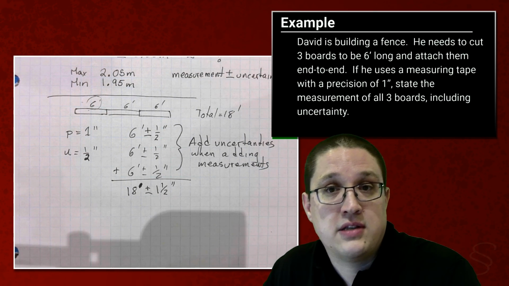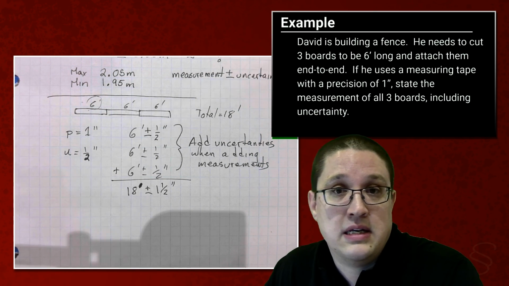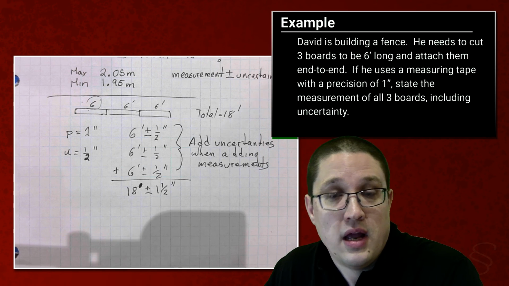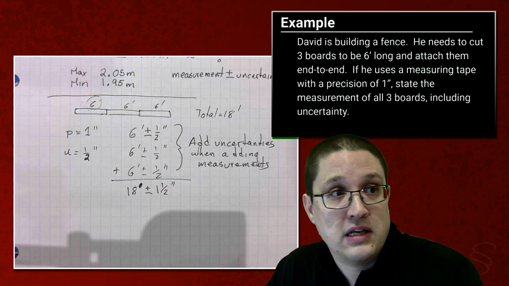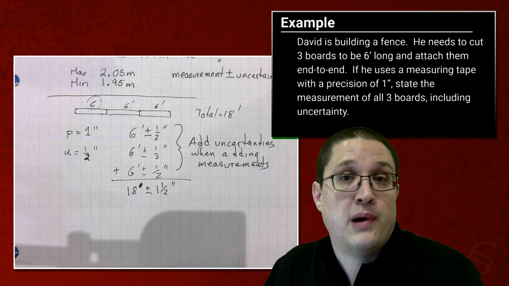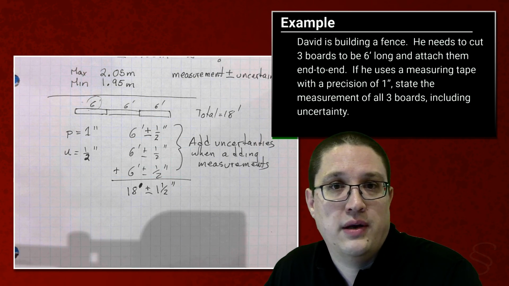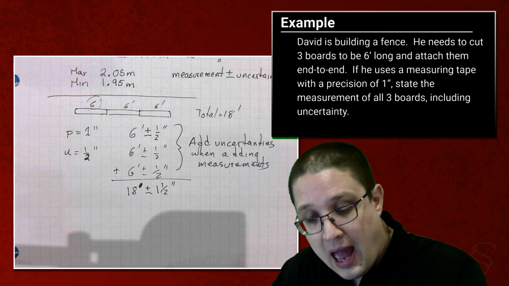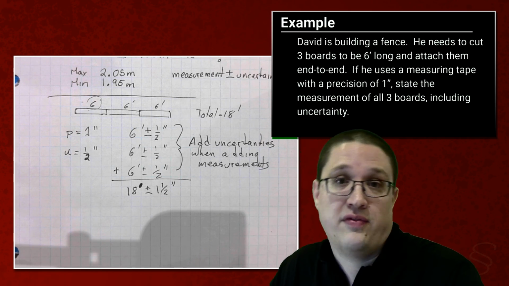Say I'm measuring the studs in the wall and there are 18 inches between each stud. If I'm measuring them from one stud to the next, by the time I've got 20 studs across the wall, I might be off by a pretty significant margin. So as I'm adding these uncertainties, I have to be careful with that.